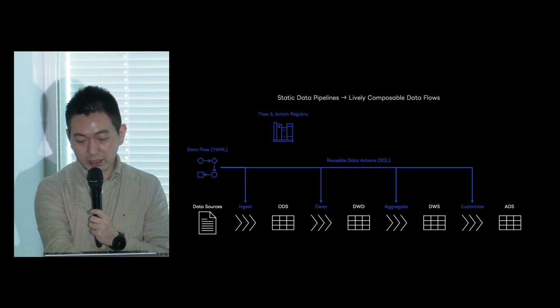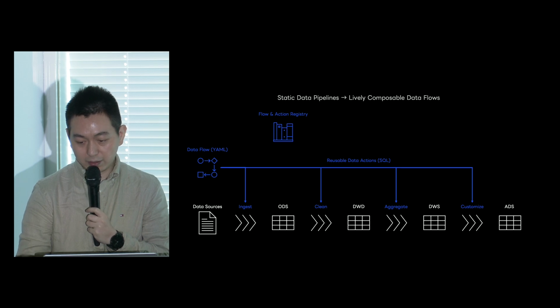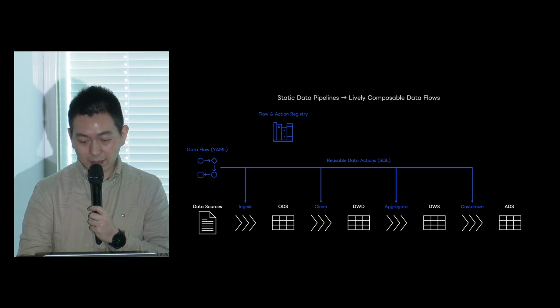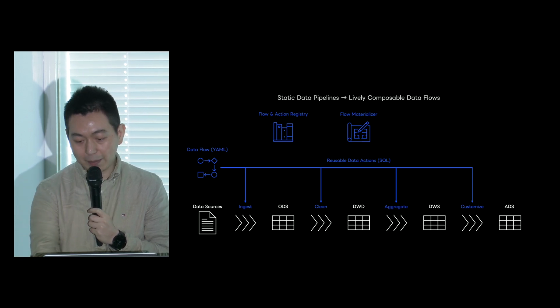Next, register the data flow and the data actions in a central registry so that others with appropriate permissions can access them. To execute the data flows, we need a flow materializer to fill in required parameters and adapt it to a runtime like Flink.